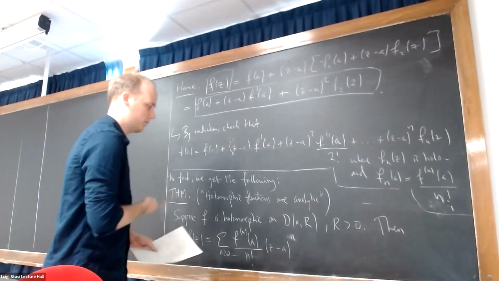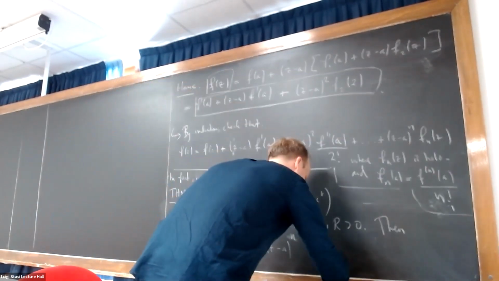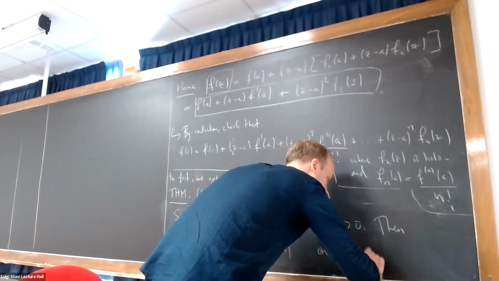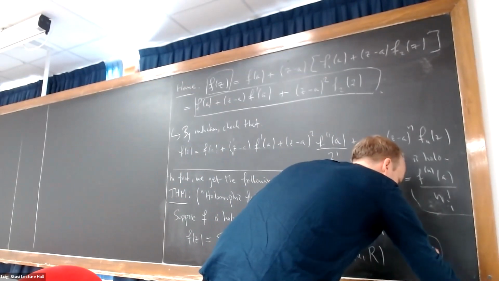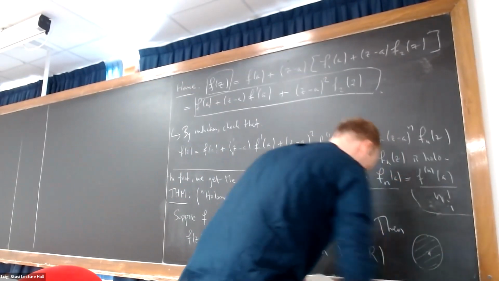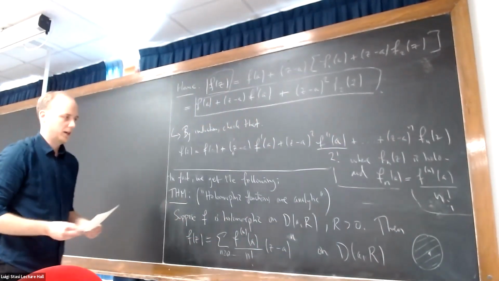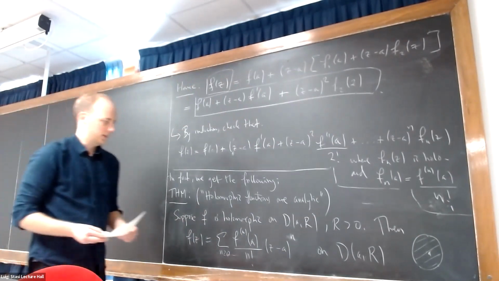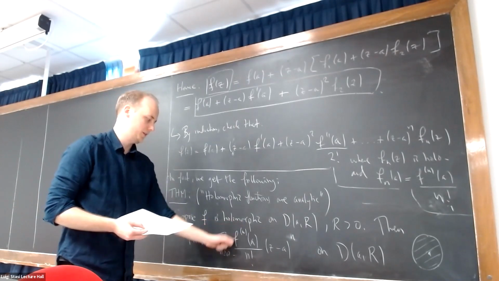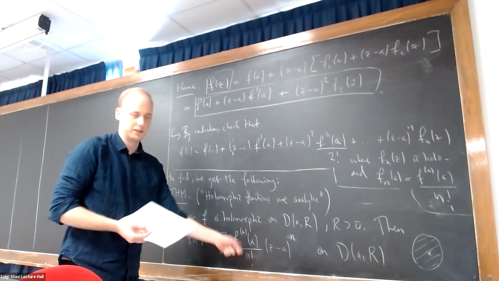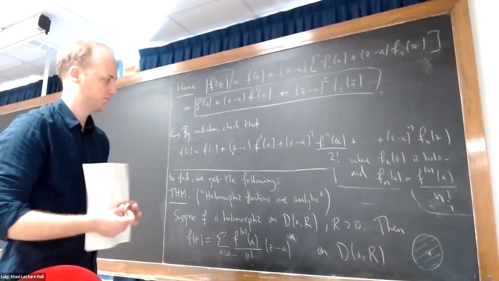This is true on this disk of radius r centered at a. So you get this expansion where the nth coefficient is always given by the nth derivative divided by n factorial.